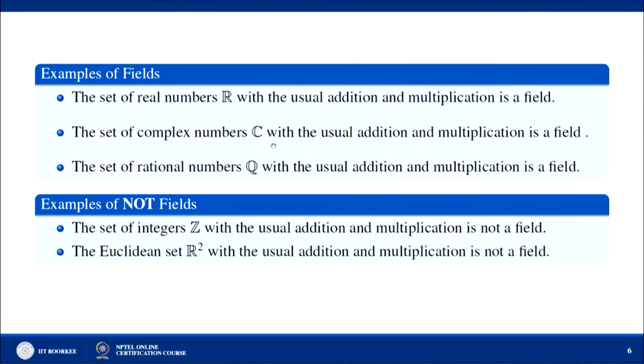This we can easily see from all the properties: addition is a binary operation, associativity holds, identity is 0 and the inverse is minus A of any A in C. Also A into B is equal to B into A for all elements A, B in C. So, if you exclude 0 from this C, then it will also constitute an abelian group over usual multiplication.